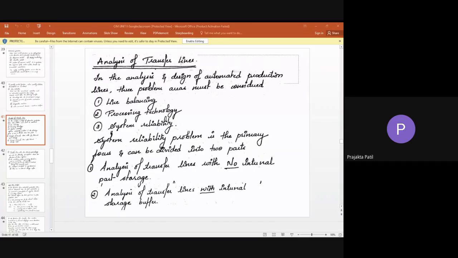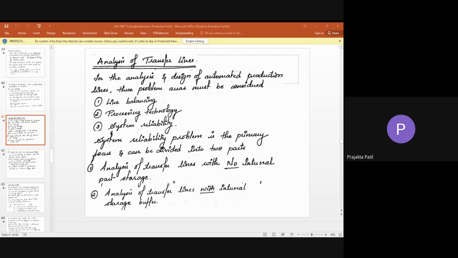By making use of the technologies available at every individual station in the production line, we can try to achieve maximum performance by knowing all the details about the processes we are using. That's how you can deal with the other problem, the processing technology.